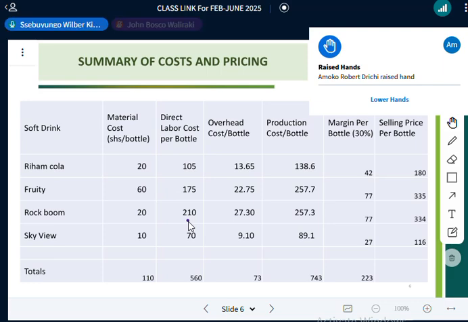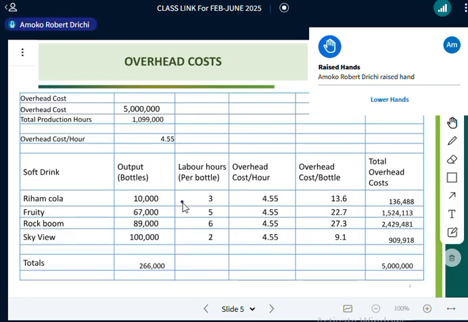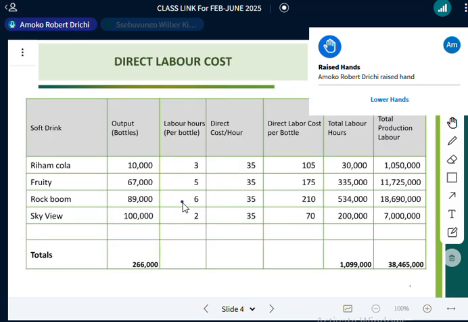I see there is a question by Amok. Amok, you want to ask something? Yes, I would like to request Wilber to go back to the previous slide. It's something that I did not quite pick well. I've gone back, sir. Kindly make me understand where the 38 million comes from.